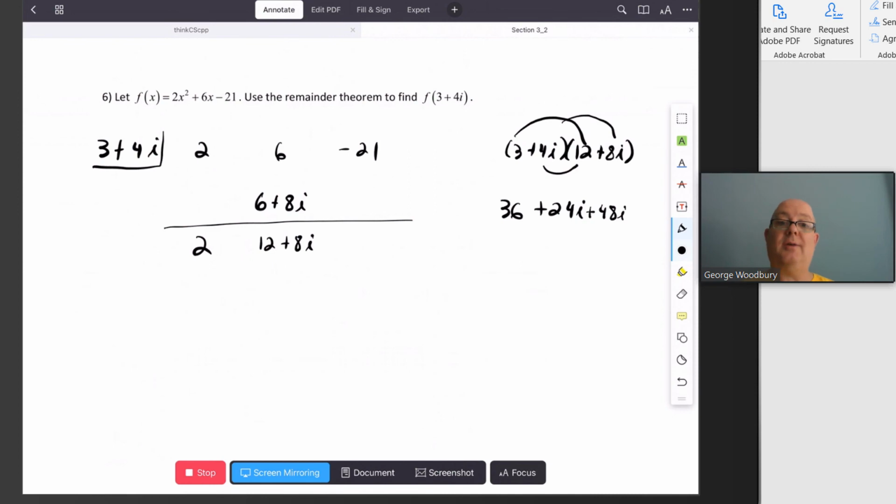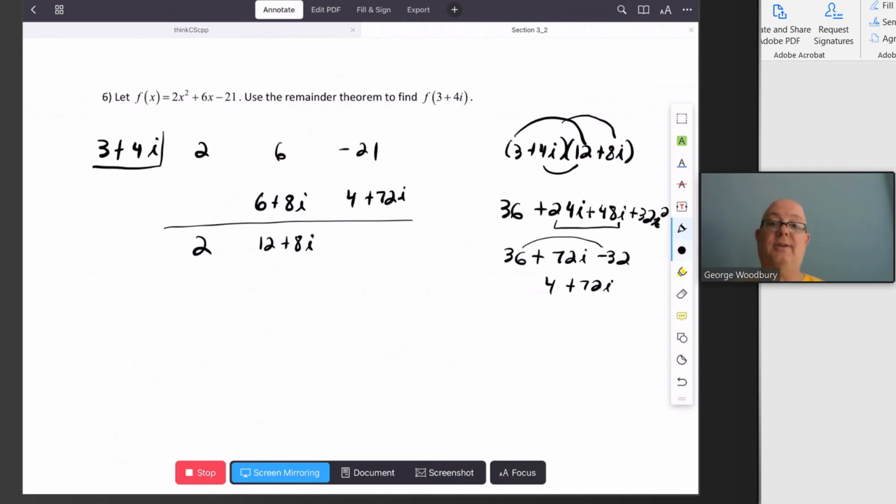And then 4i times 8i is 32i squared. 32i squared is 32 times negative 1. And there are a couple of like terms I can combine. 36 plus 72i minus 32. Combine a couple more like terms, and I get 4 plus 72i. So that's going to go here.